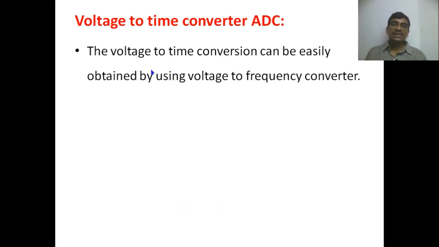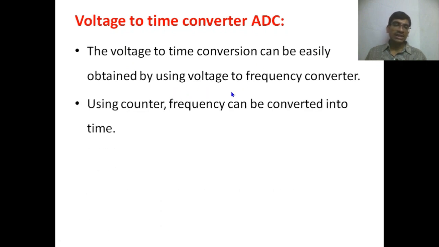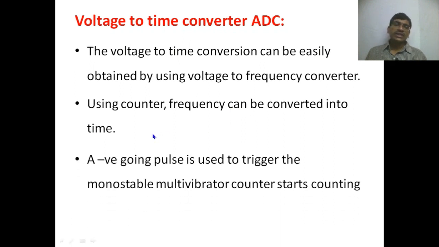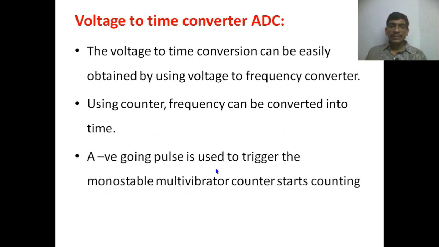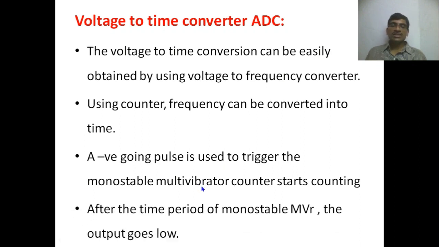Let us see the operation. The voltage to time conversion can be easily obtained by using a voltage to frequency converter. Using the counter, the frequency can be converted into time. A negative going pulse is used to trigger the monostable multivibrator and starts the counting.